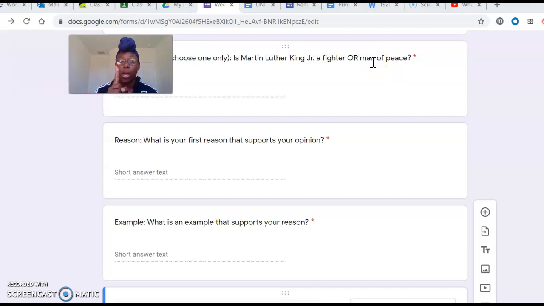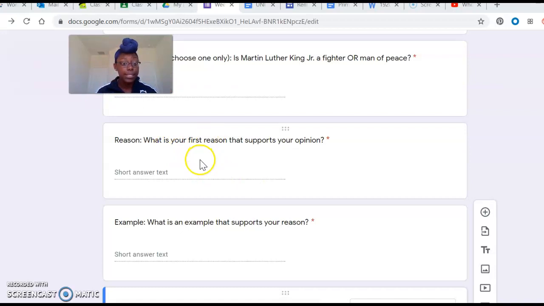You have to pick one. Then right here, you're going to give your first reason. Why do you think Martin Luther King Jr., if you picked fighter, was a fighter, or if you picked man of peace, was a man of peace? Why do you think that way? Remember, you're only choosing either fighter or man of peace, not both.